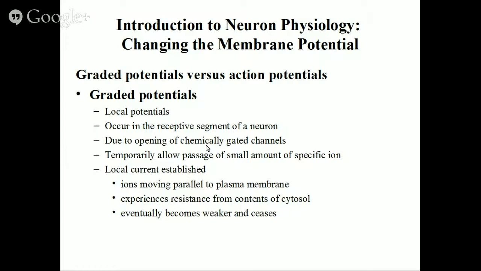In this case, that chemical is the neurotransmitter that was released by the presynaptic cell, the one you couldn't see in the photo. It temporarily allows passage of small amounts of a specific ion, and the local current established has ions moving parallel to the plasma membrane, experiences resistance from contents of cytosol, and eventually becomes weaker and ceases.